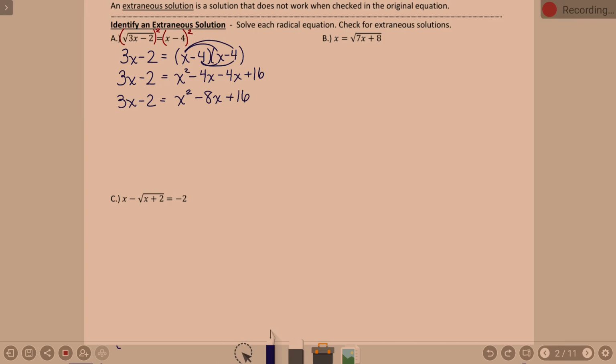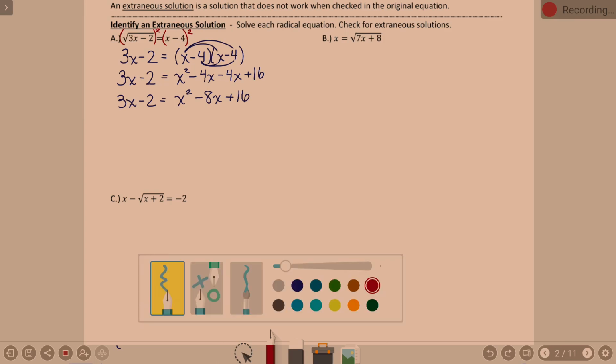Okay. Thoughts of how to solve next? Move the 3x minus 2 over. Okay. What do we do? By moving that 3x minus 2 over, we're making my equation equal to 0. And we're doing that because we see x squareds, x's, and numbers, right? So this looks like a quadratic. We're going to want to make our equation equal to 0.